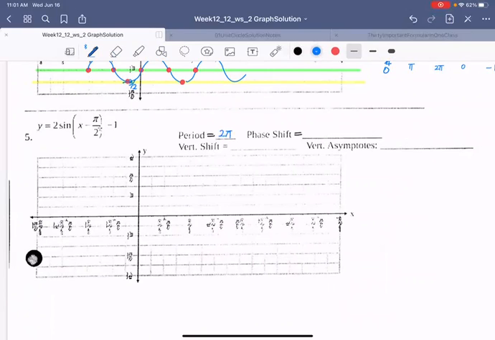The phase shift is pi over 2 to the right. Okay. The vertical shift is -1. Yeah, this guy does not have those asymptotes. Let's figure out the range. Okay. The range is -3 and 1. Very good. Okay, go ahead.